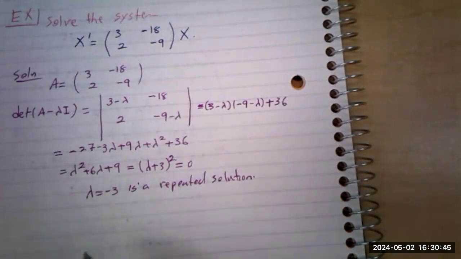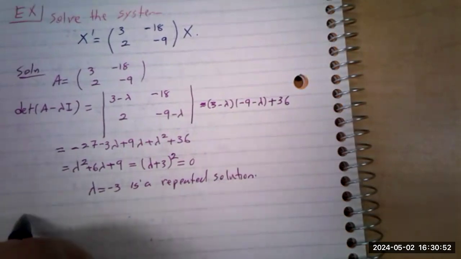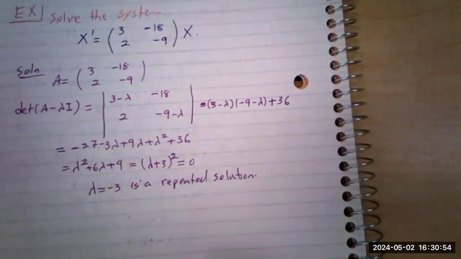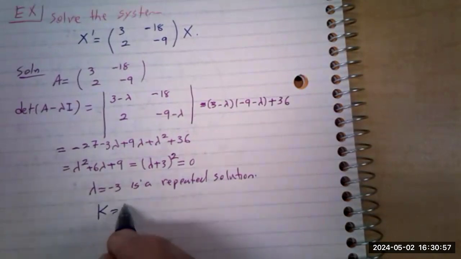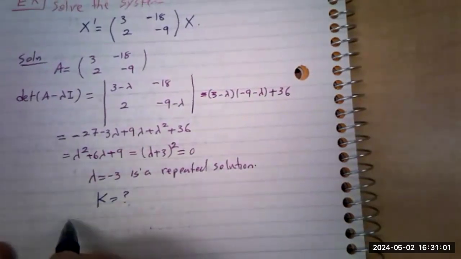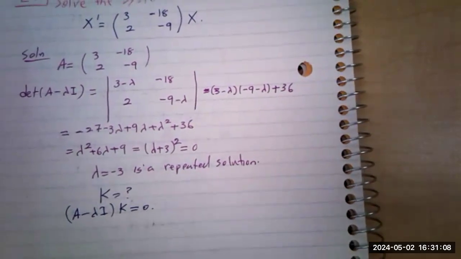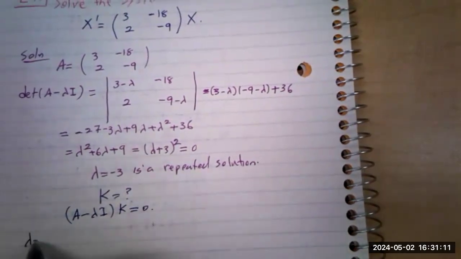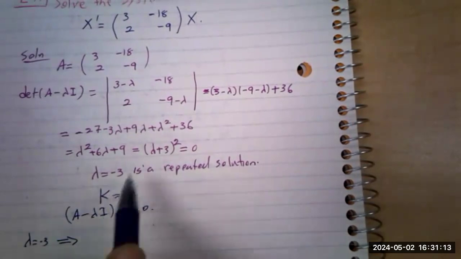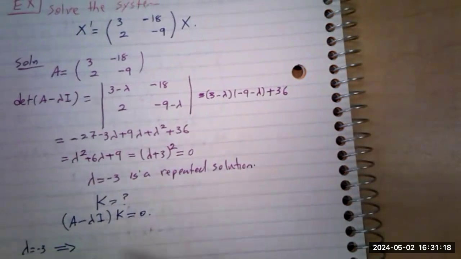So what we're going to do is find the K, remember? So what is going to be your K? The way we do it, you have to solve this equation: A minus lambda I times K equal to 0. Then for lambda equal to -3, we replace the lambda by -3, but we write it in matrix form.